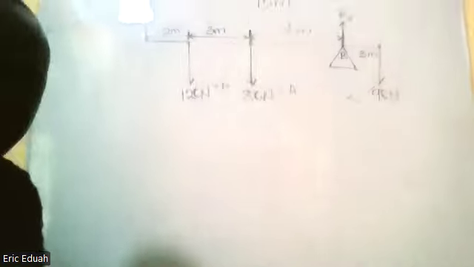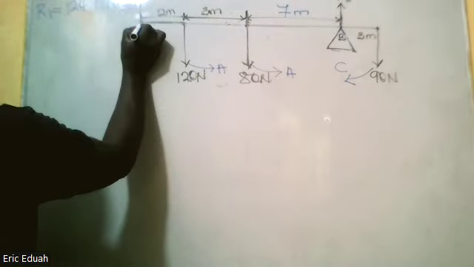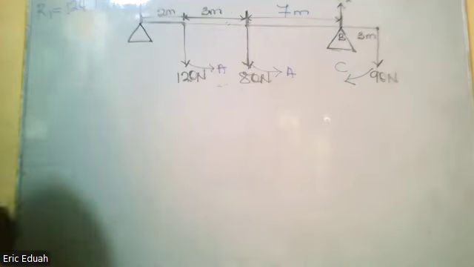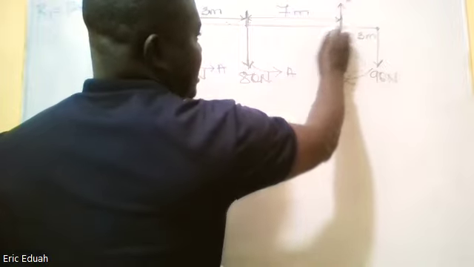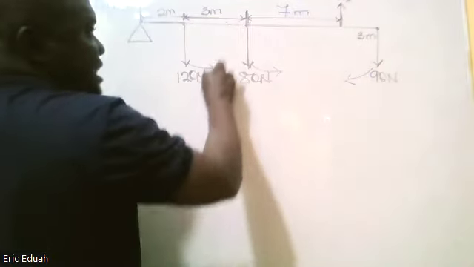So we bring the other supports back. Then this time, because we are going to take moment around A, we clear this. But the question is that it doesn't go with the reaction.